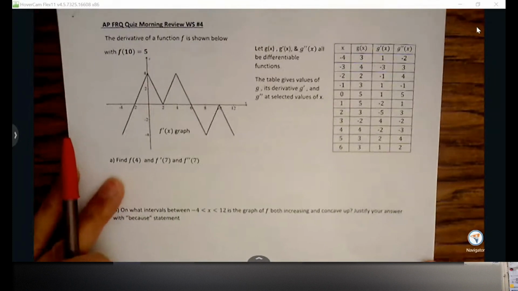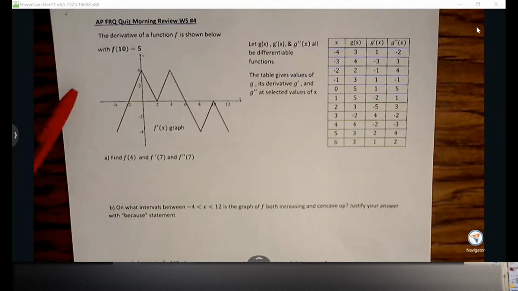All right, so let's get started. We're looking at the morning review worksheet.